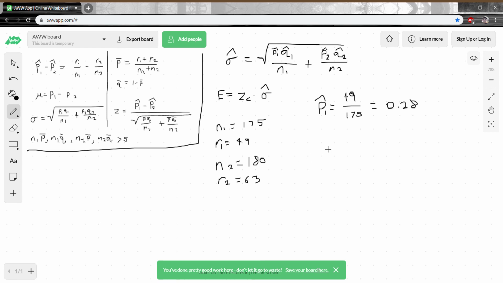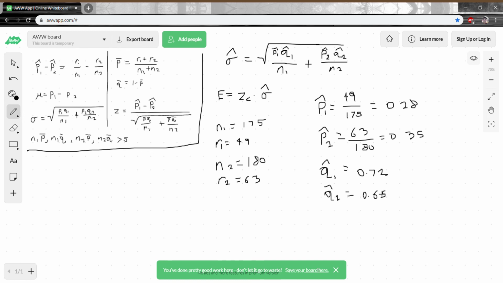We need to calculate P2 hat. We're going to do that the same way. It's going to be 63 over 180. That value is 0.35. And we can find Q1 hat by taking 1 minus P1 hat, that's going to be 0.72. And Q2 hat is going to be 0.65.